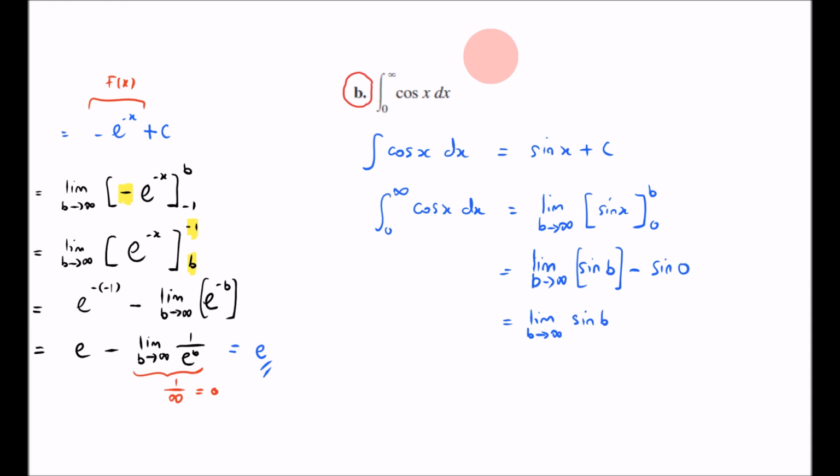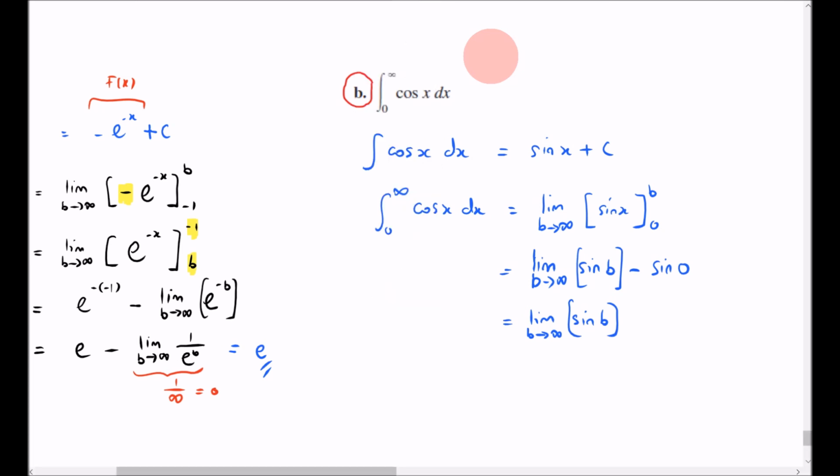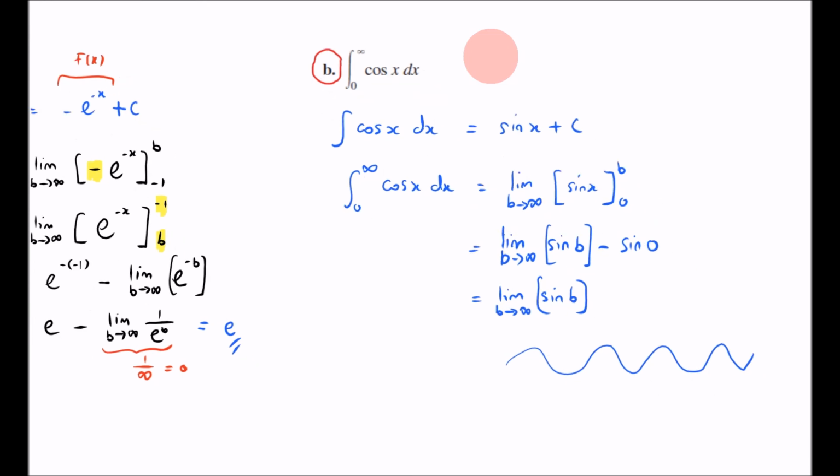As you can see, the sine curve keeps going on, so we don't know where the infinity is. That means the limit may not stabilize to a single value. So this is divergent, because the limit does not stabilize to a single value.